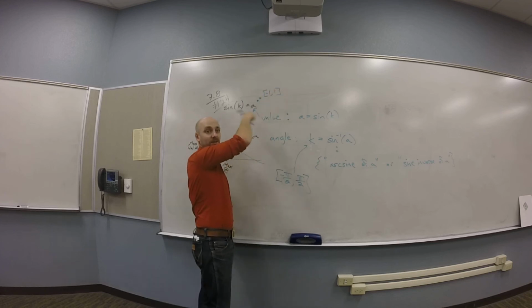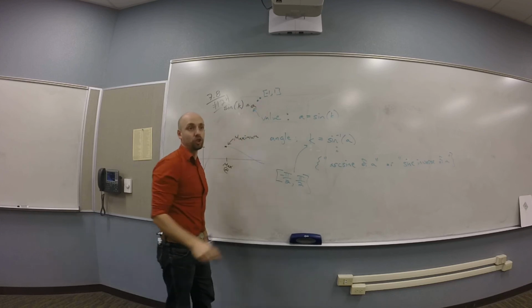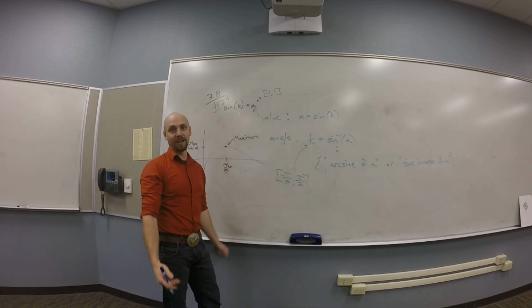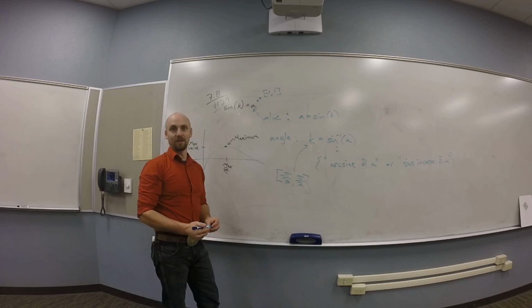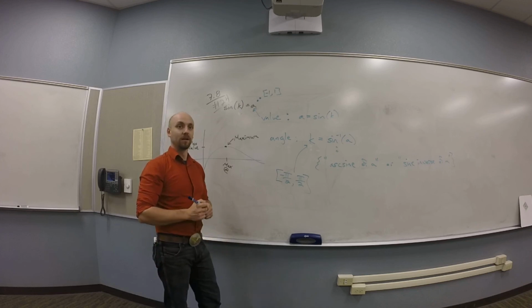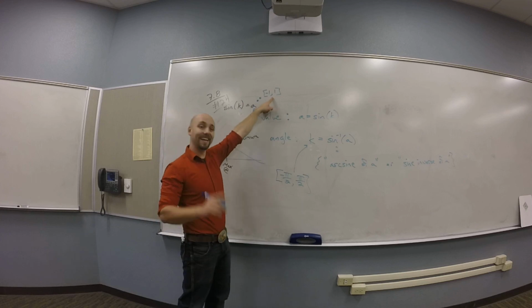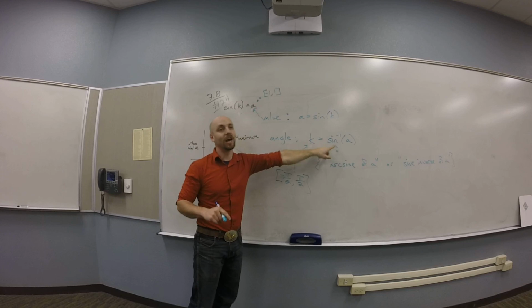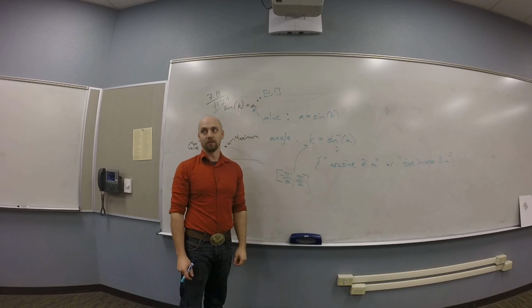If you have sine of k is 2, then there just isn't an angle like that. That's the domain, right? So this is the range of the sine function or the domain of the sine inverse function. You guys cool with that?